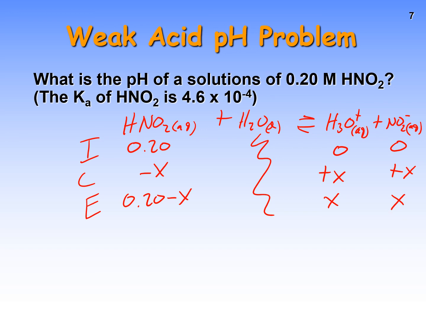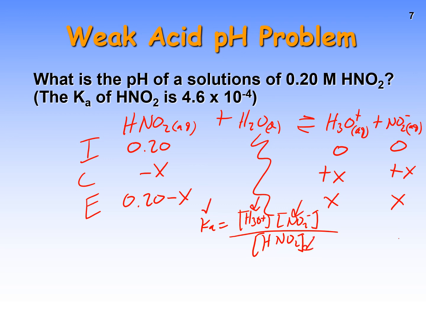And then I can go, okay, Ka is equal to the H3O plus concentration times the NO2 minus concentration all over my HNO2 concentration, and I know this value, and I know these values with respect to x. So 4.6 times 10 to the negative 4 is equal to x times x all over 0.20 minus x.